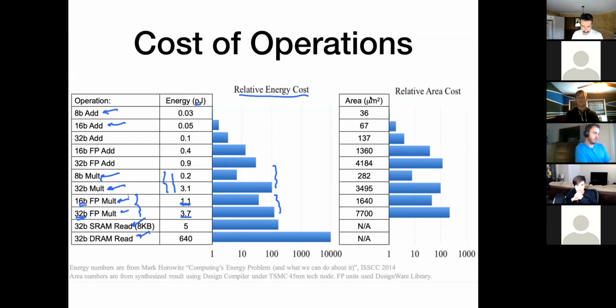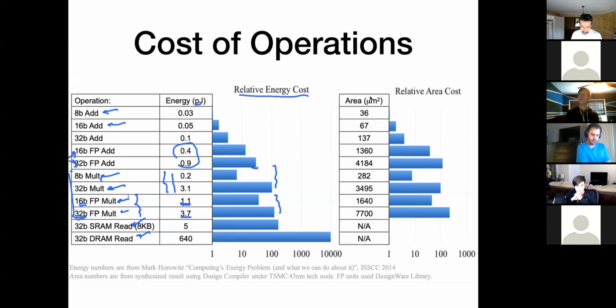The addition, so these were about multiplication. If you look at the addition, then the difference between 16-bit and 32-bit floating point addition is not as big as before, in multiplication, maybe around 2 times higher.